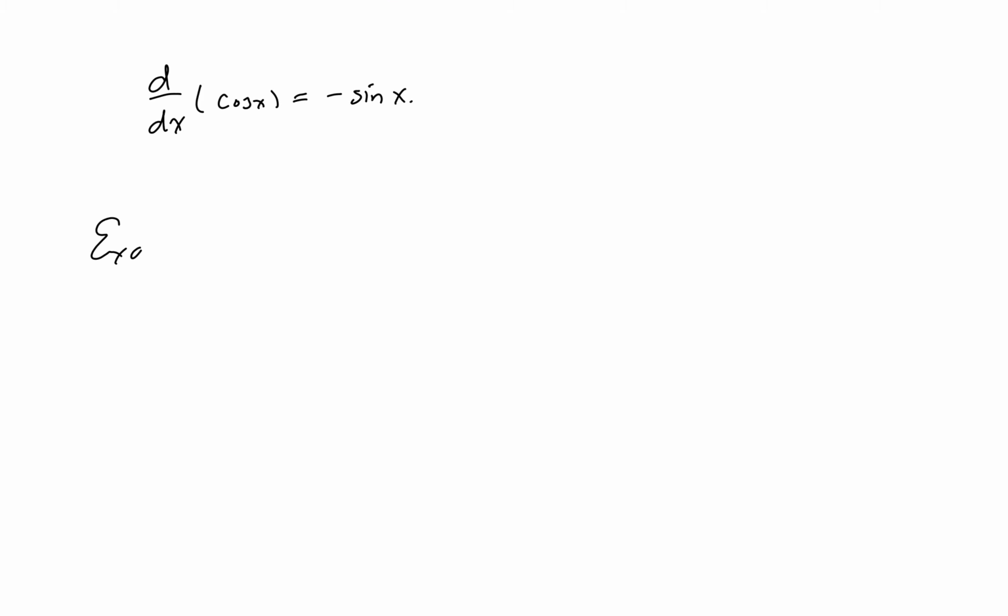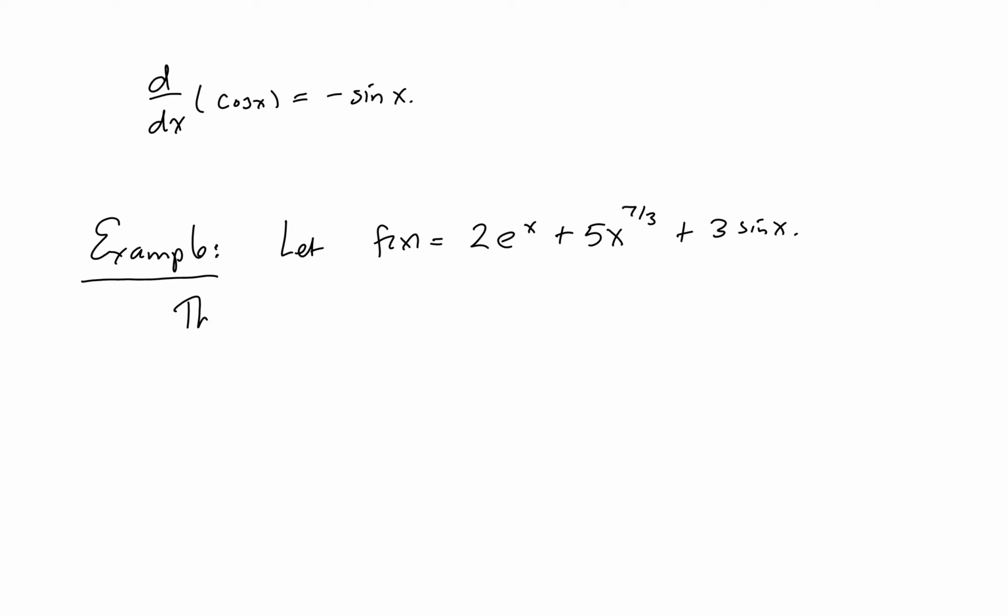Okay, let's try one more example to round out this lecture. Let f of x be equal to 2e to the x plus 5 x to the 7/3 plus 3 sine x. We want to take the derivative of this function.